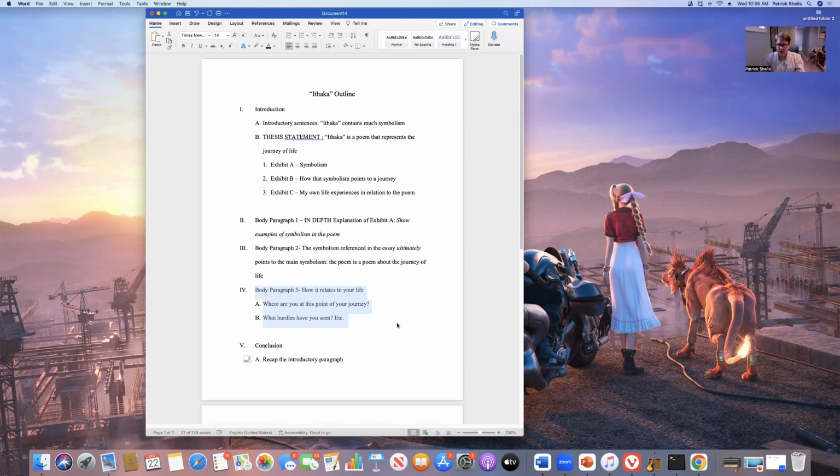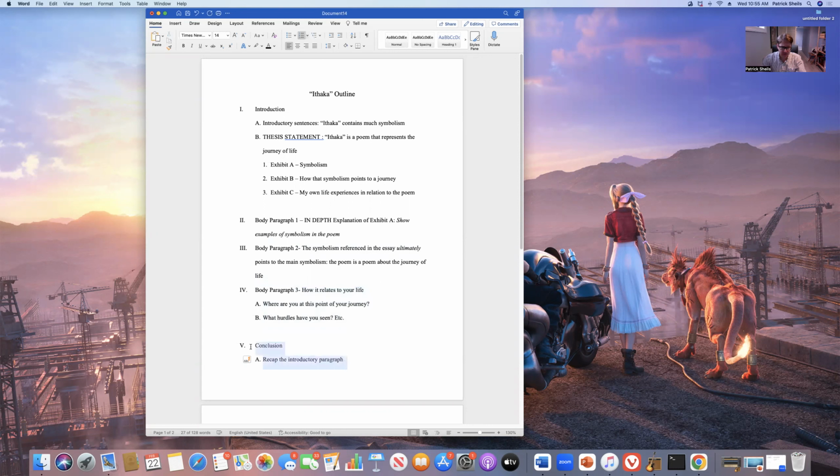Some examples: where are you at this point of your journey? What hurdles have you seen? You could say something like, where are you going? What's your ultimate destination? What's your Ithaca? Again, these are ideas that are potential sources of inspiration for your body paragraph number 3.